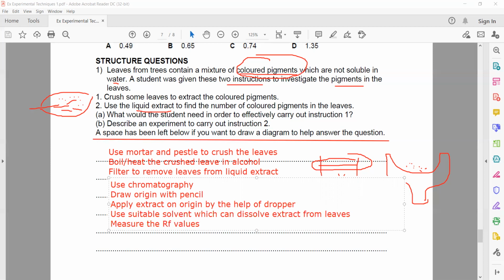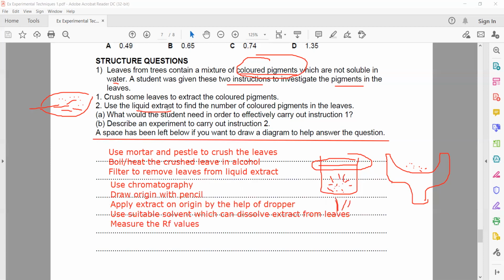So we can measure the RF values, because in the second part they're asking to use a liquid extract to find the number of colored pigments in the leaf.